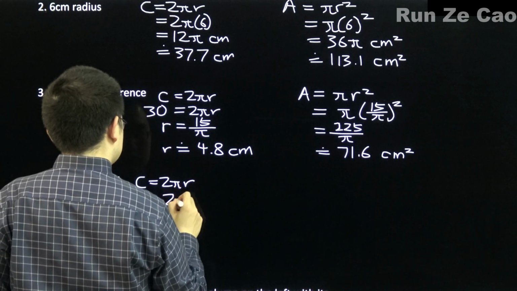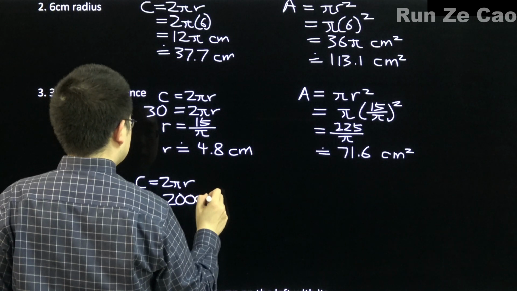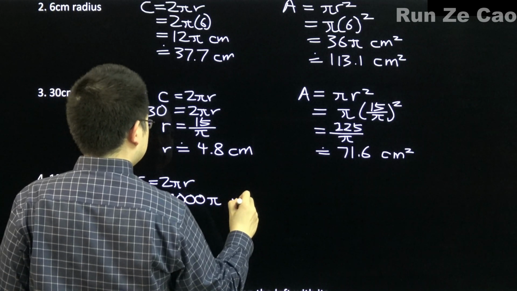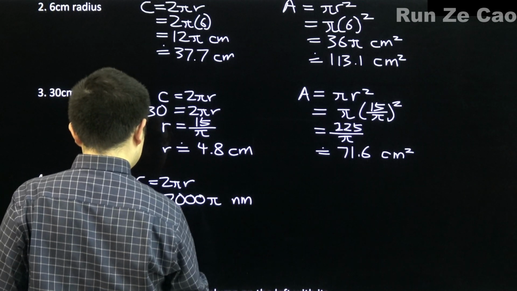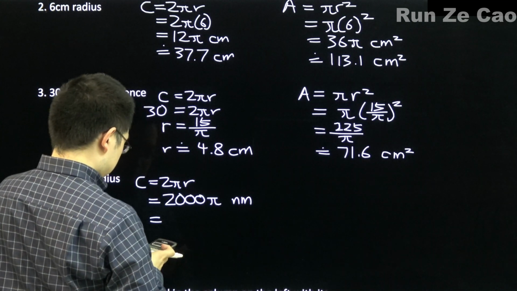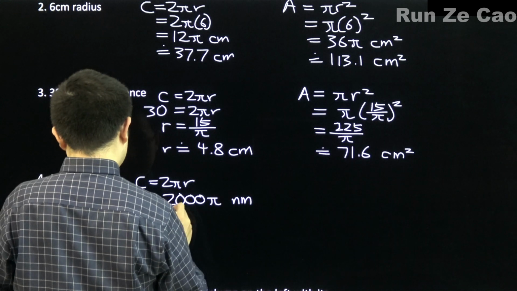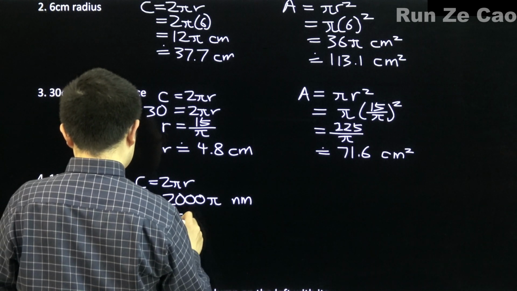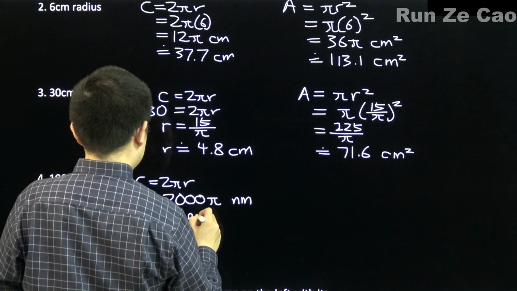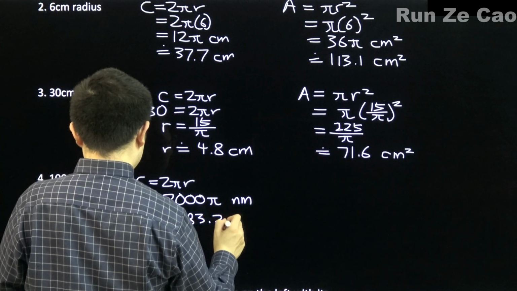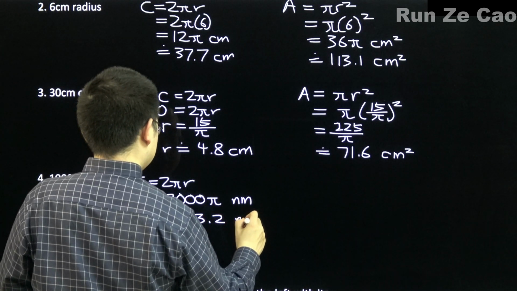That means 2,000 pi nanometers. And 2,000 times pi is approximately 6283.2 nanometers.